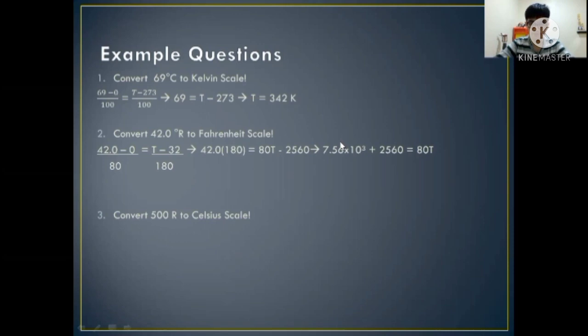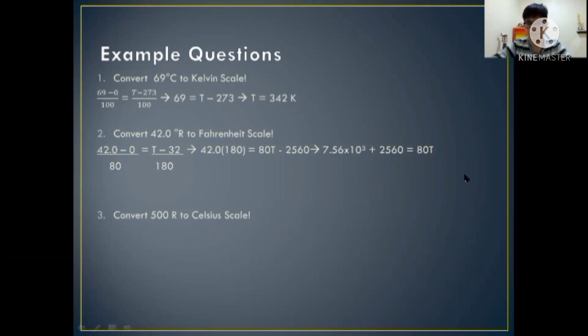Okay, wait for a while, I'm just going to calculate on my calculator. The result on the left side is supposed to be 10,120. Now this 10,120 will be divided by 80 to remove the 80 on the right side so that we can get T itself.